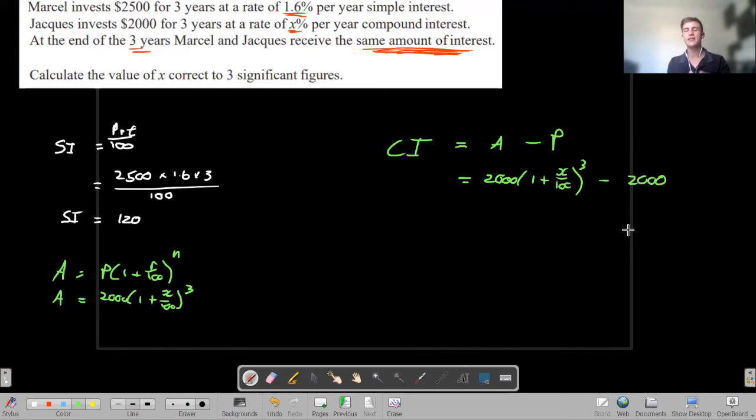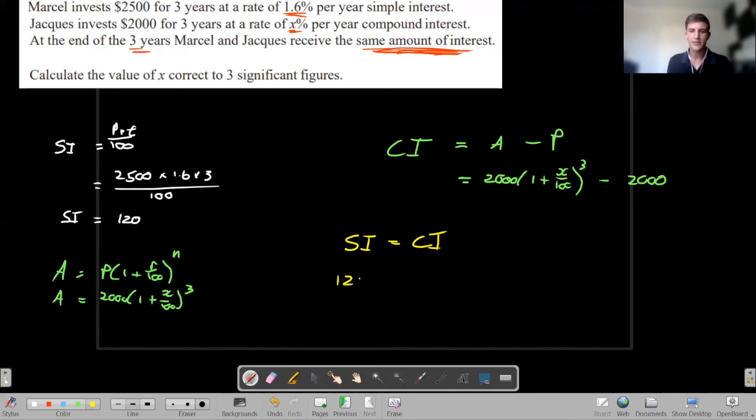The reason why I want this compound interest is because they tell me that at the end of 3 years, Marcel and Jacques receive the same amount of interest. So that's the reason why I calculated these two separately. Now we can say that the simple interest is equal to compound interest. We know that this is 120, and we have this expression for compound interest.